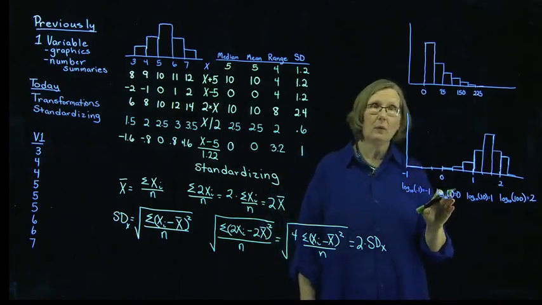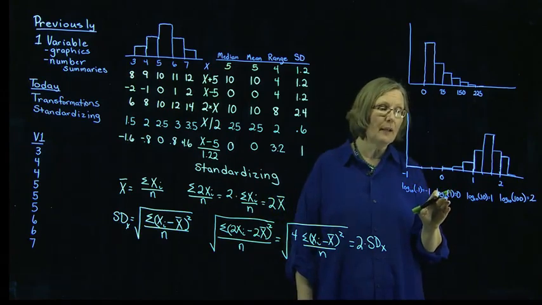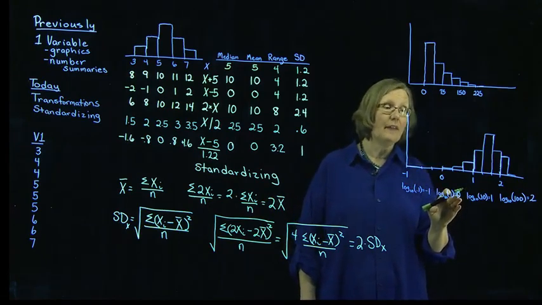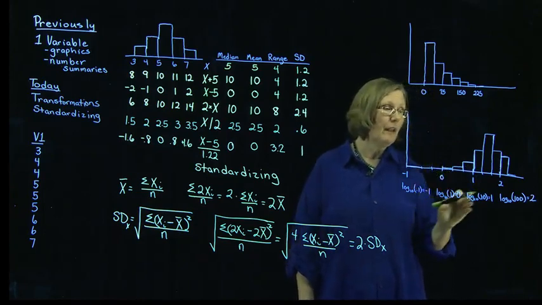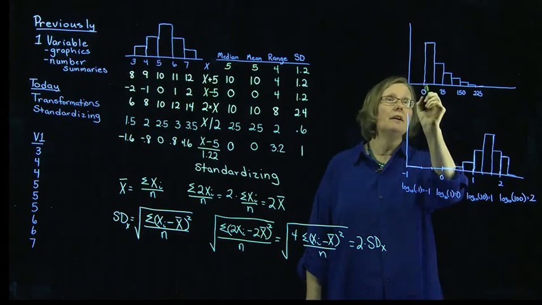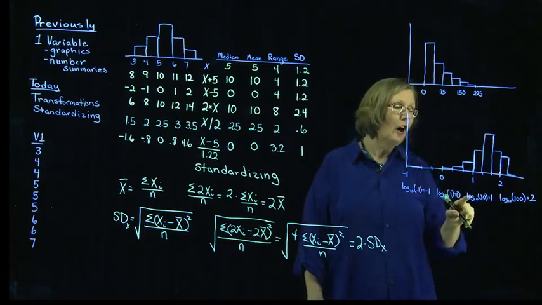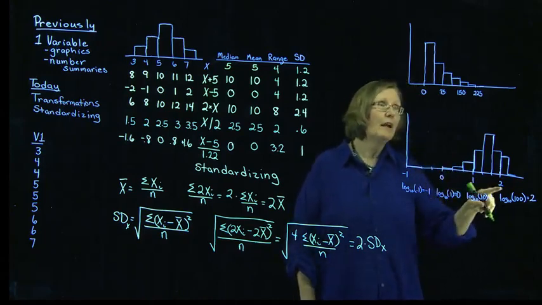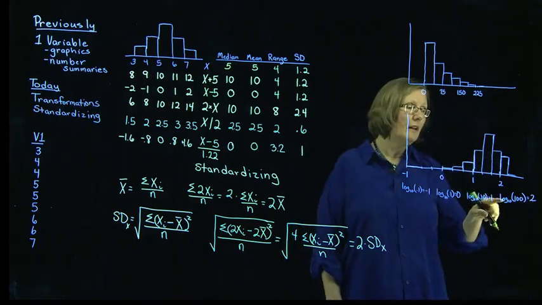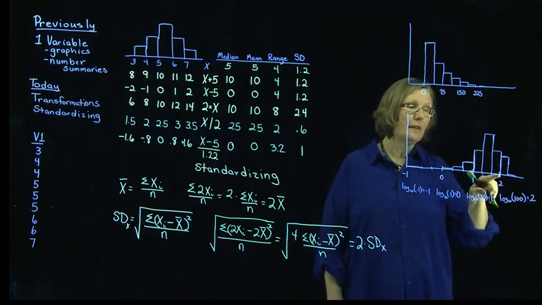If we had a movie that was at $1 million, log base 10 of 1 is 0. So that movie at 1 million would get mapped to 0. If we had movies at 10 million, log base 10 of 10 is 1, so they get mapped to 1. If we had movies at 100 million, log base 10 of 100 is 2, so they get mapped to 2.